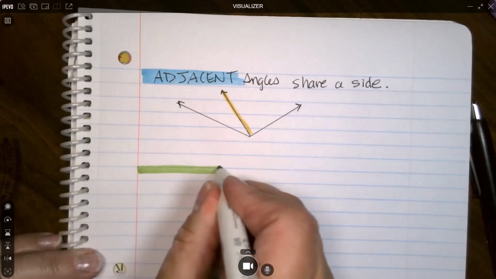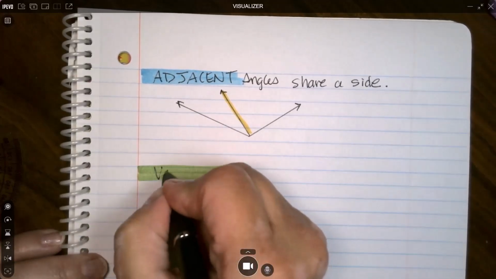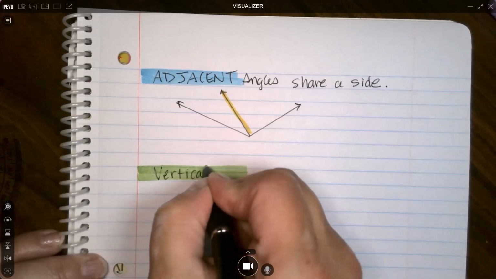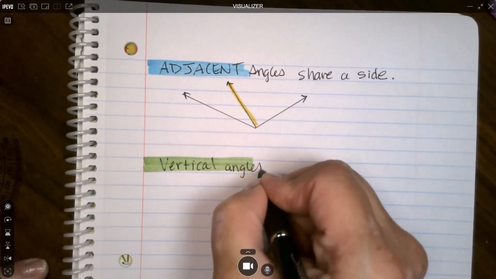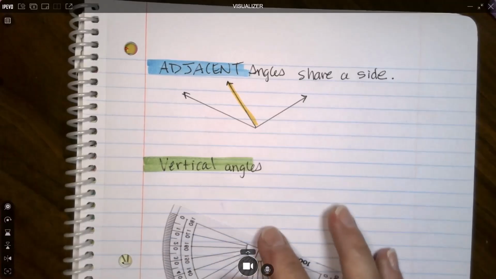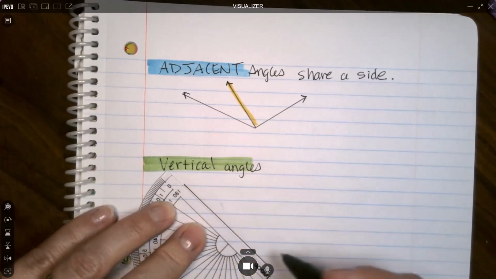Vertical angles. These are one of my favorites. Okay, vertical angles. The visual probably explains it more so than words.